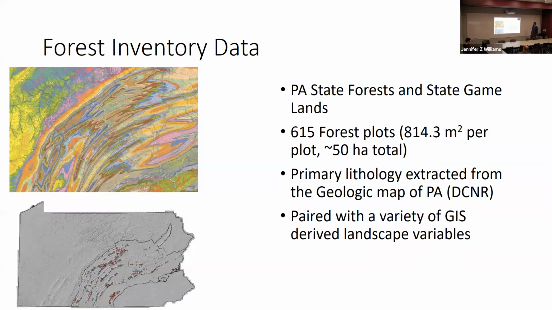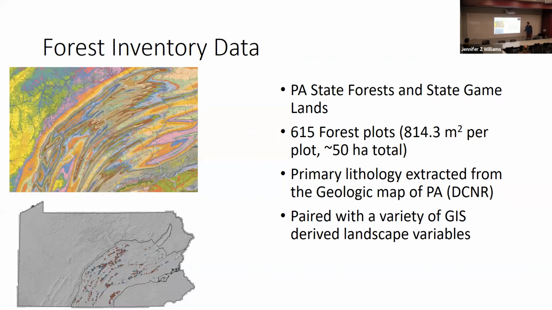From forest inventory data that's being collected by the Pennsylvania Bureau of Forestry on our state forests and our state game lands, I was able to overlay the plot centers in GIS on the geologic map of Pennsylvania and compile a database of 615 forest plots that fall either on shale bedrock type or sandstone bedrock type.